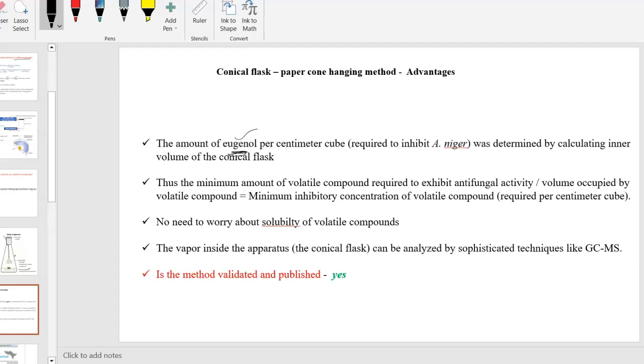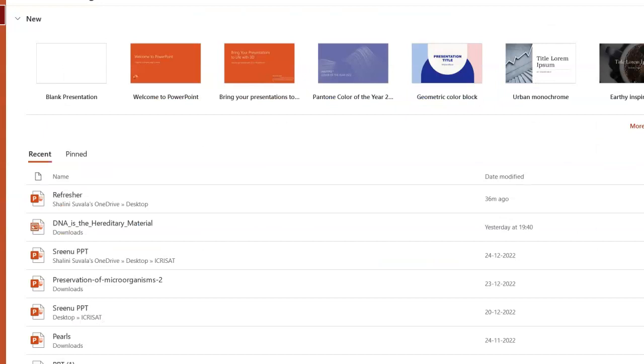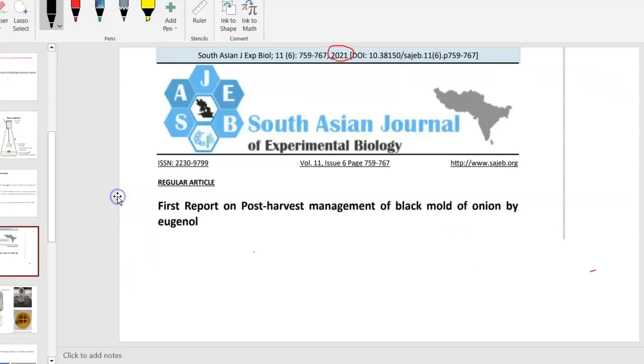Finally, the question is, talking all about this method, is this method really validated, or is it really published in any journal? Yes, this method was recently published with the title of the paper, the first report on post-harvest management of black mold of onion by eugenol.